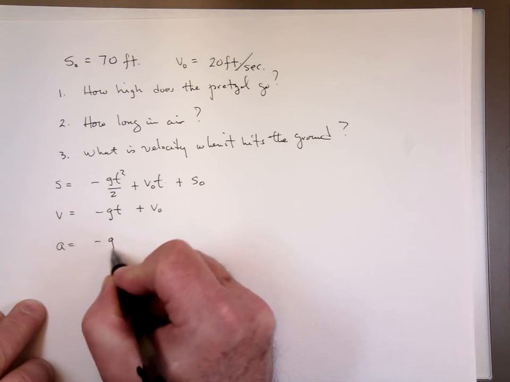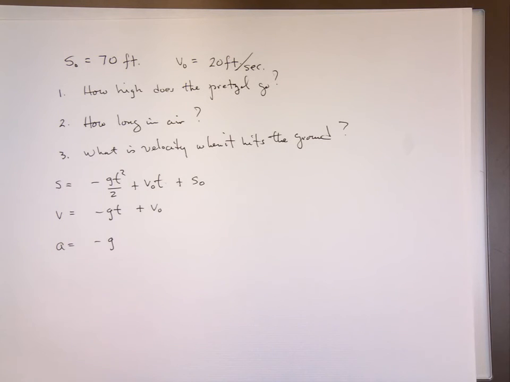How high does the pretzel go? Well, at max height, what's its velocity equal to? 0. So that's the way I'm going to do that. I'm going to find the time it takes to reach max height, the time it takes for the velocity to be 0. So let's take the velocity.